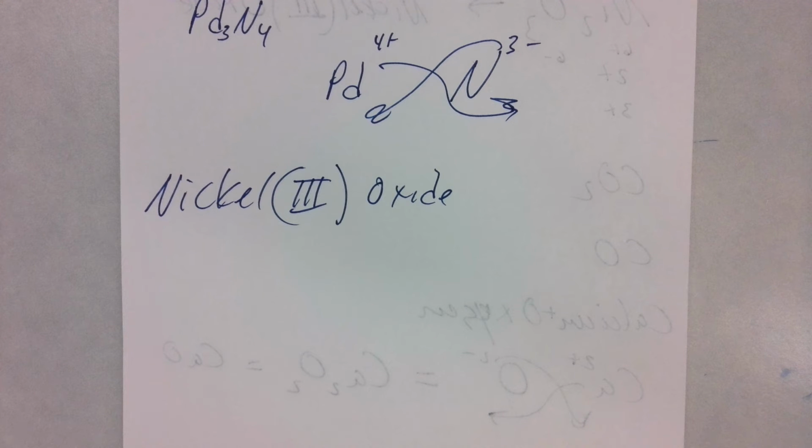One, 2, 3, 4, 5, 6, 7. Alrighty. Duel, what do you got?